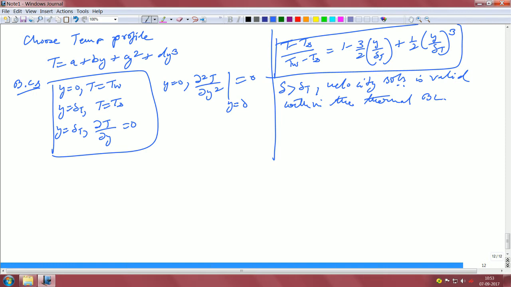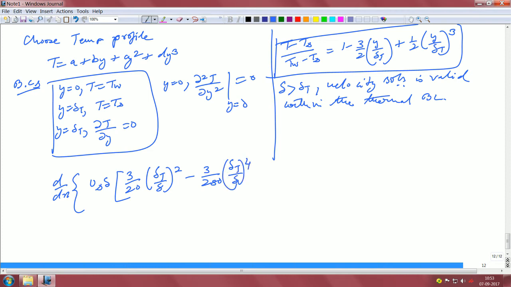Okay. So, if you evaluate all these integrals and other things, what you will get is as follows: d by dx of u infinity delta t delta, let us put a bracket here, so that this can become a third bracket: delta t by delta squared minus 3 by 280 delta t by delta to the power of 4, close this bracket, is equal to 3 by 2 alpha by delta t.